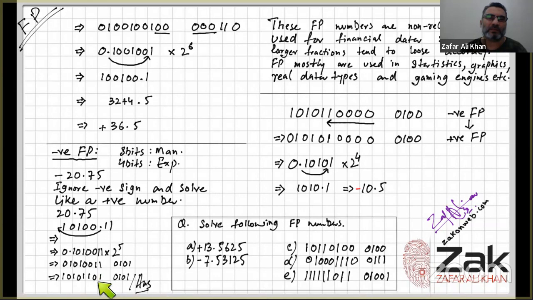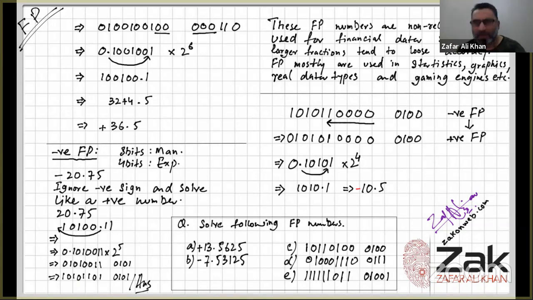So remember, if the number is negative, we take it as a positive number and start solving it. Once we get down to the answer, we keep the exponent same, and in the mantissa, from the right side to the first one, we keep every bit same and flip the rest. All right.